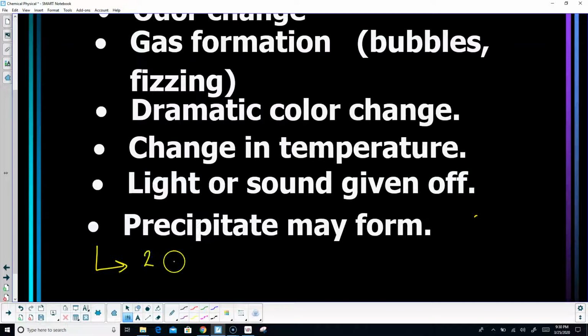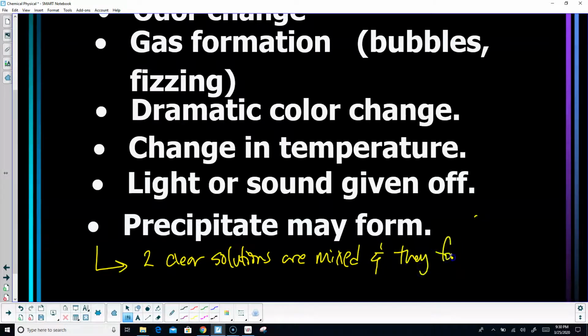So a precipitate, you have two clear solutions that are mixed, and they form a milky or cloudy solid. Okay. Usually they're white, but sometimes they're other colors. I can show you a little snippet here of a video.